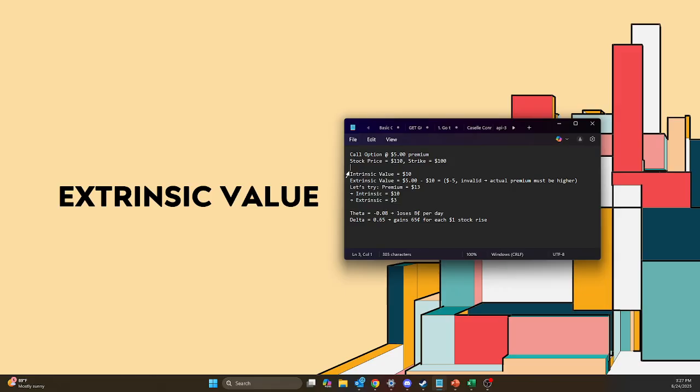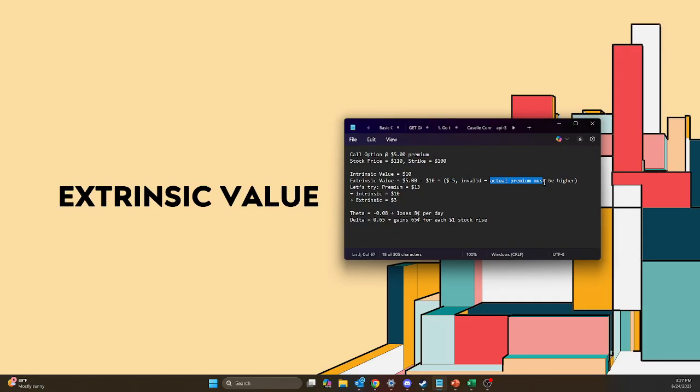So our intrinsic value is $10 because we are already $10 over the strike price. The extrinsic value is the $5 that we paid minus the $10 intrinsic value, and that gives us a negative $5 extrinsic value.